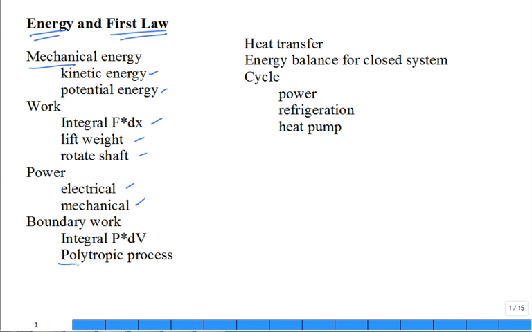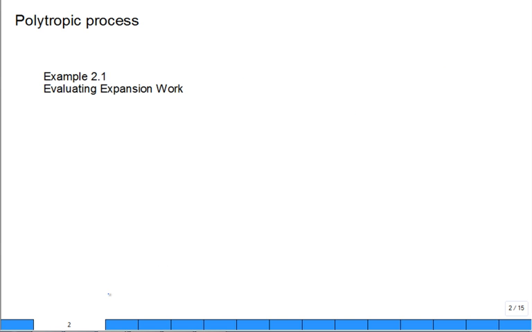And last time I left off at the polytropic process. Well, what is a polytropic process? Anything where I can get a relationship where PV to any power, let's say n, a coefficient n, is equal to a constant. So for example, n could be 0.